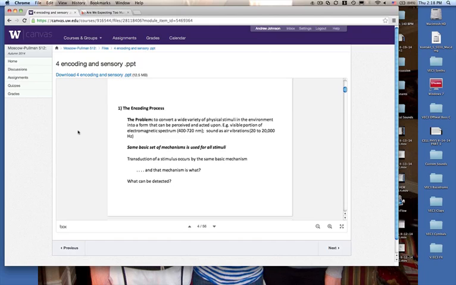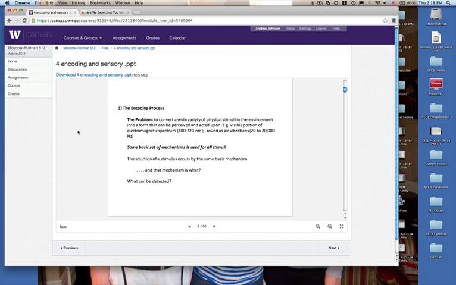So our big problem is, how do we take these stimuli from the environment and turn them into some sort of useful information? Think of all the different things in the environment that you have to contend with. Mostly we're visual and auditory, those are our species' primary senses, and then touch and smell.